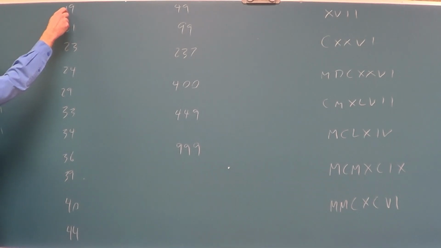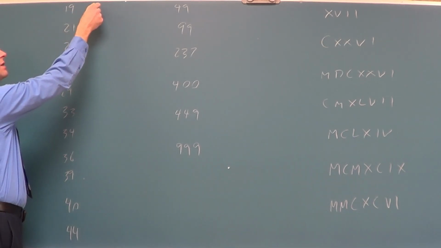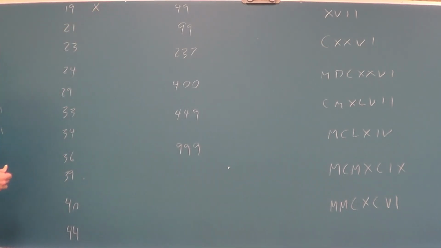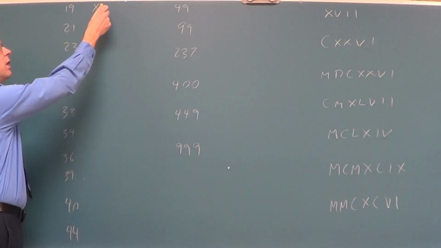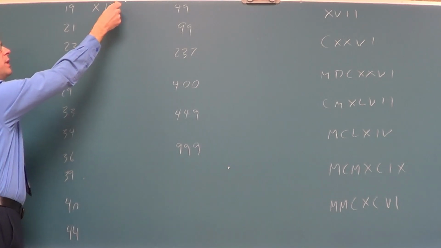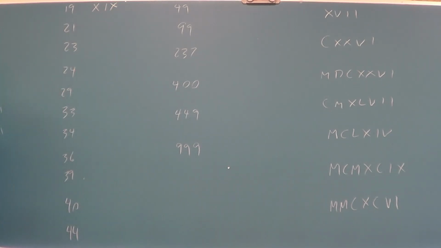So anything that starts with 1 has 10 as its place. We need an X to deal with the 10's place. Then we have to figure out a way to build the 9. It would be an IX. To build the 9, we built 9 a second ago, and it's off camera now, but the 9 would be IX. Anything that ends with 9 is going to have to end with IX. There's no other way to build that 9 in that place.